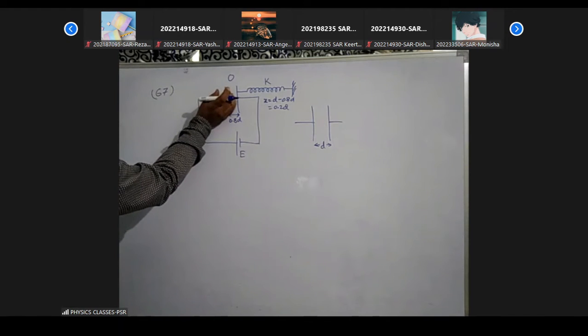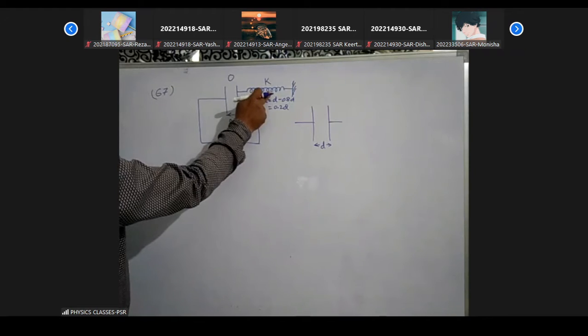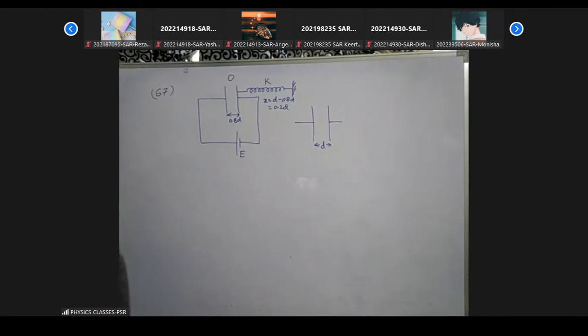So here, the force of attraction acting on the plate is equal to the elastic force. F is equal to kx. In SHM, we get that formula, F is equal to kx. Equating them, we get the answer. Simple.